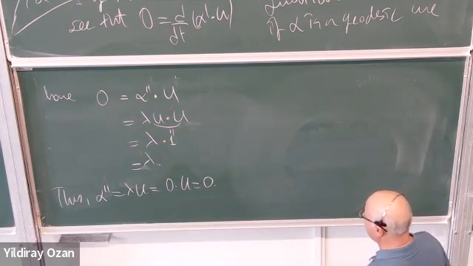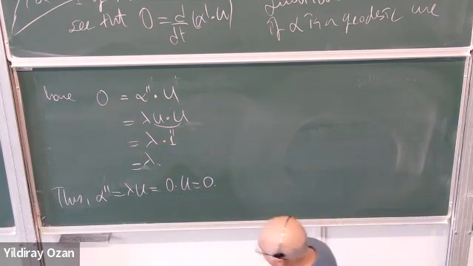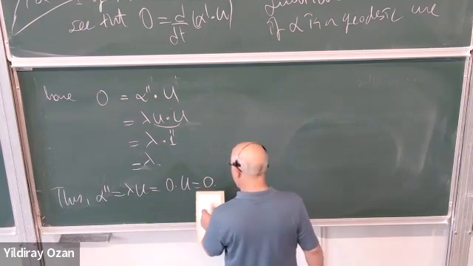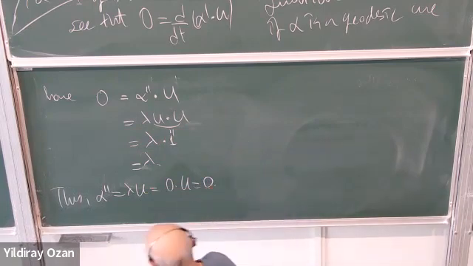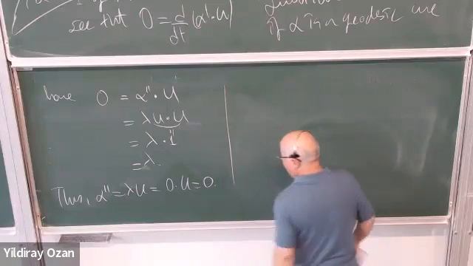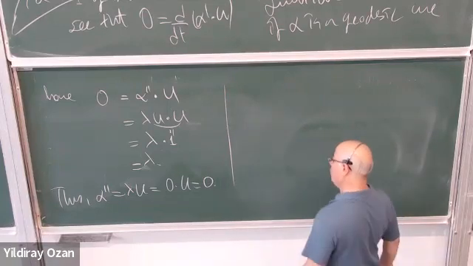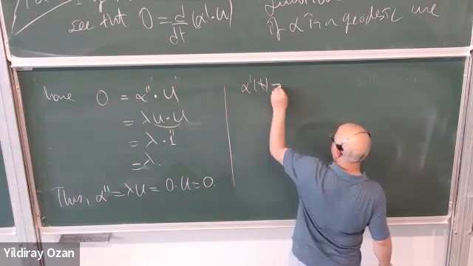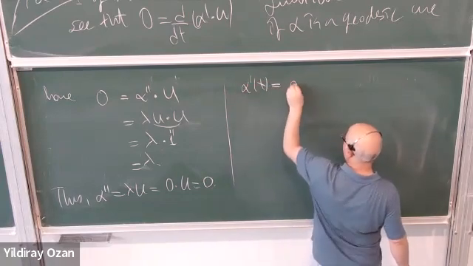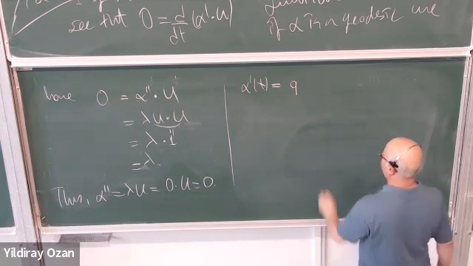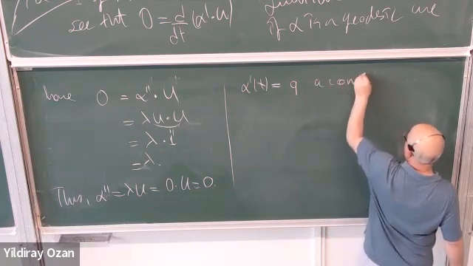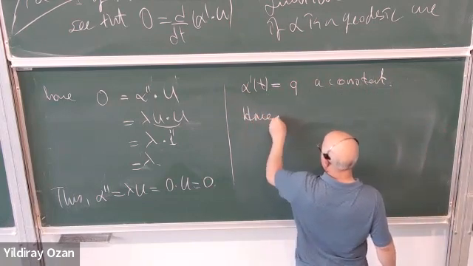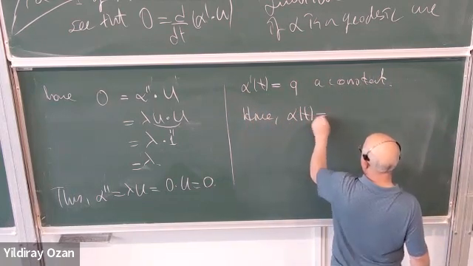Okay. Pardon. Buradan onu görmüyoruz. Yani buradan gördüğümüz şey alpha double prime 0. Tamam. Alpha double prime is 0. Therefore, alpha prime of t is just a constant vector q. Hence, alpha of t is what?